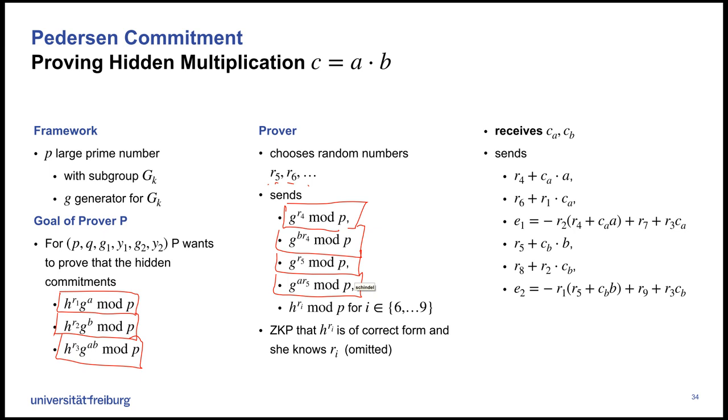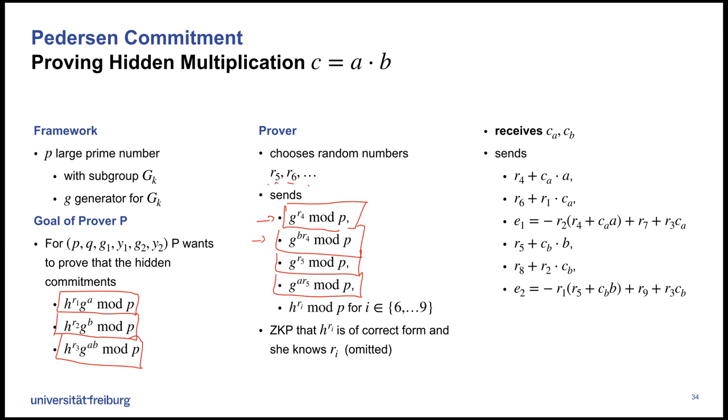No, I cannot do this with g to the b and g to the a, because a and b could have a special structure. So that's something I can't do. Probably I should have. Yeah, I see a mistake here. So probably I have to do this. No, I can do this. These are random numbers. I can publish it.